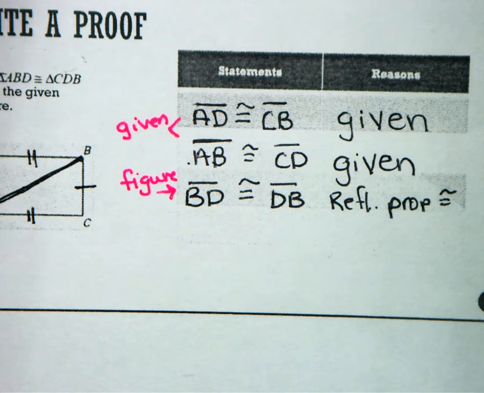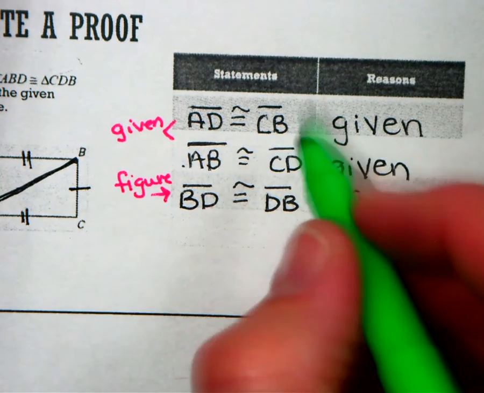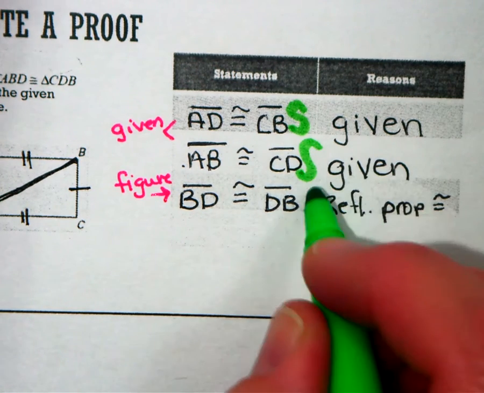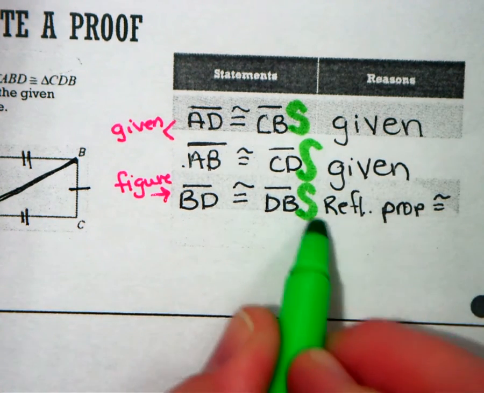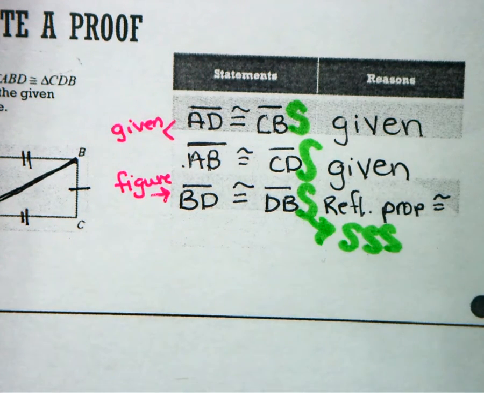Okay, now, in my proof, I have a set of sides congruent, a set of sides congruent, and a set of sides congruent. That opens up the side, side, side postulate. And again, the side, side, side postulate only lets you say that the triangles are congruent.